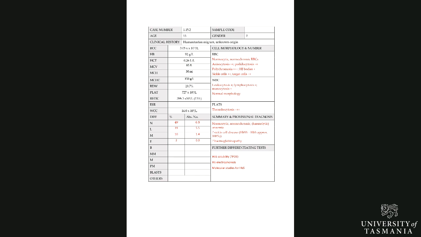So that is a moderate anemia, getting down to being a severe anemia, or severe is below 80, so it's a moderate anemia. The red cell count is low as well at 3.05, but the MCV is 85, so that's normal. And the RDW is 24%.